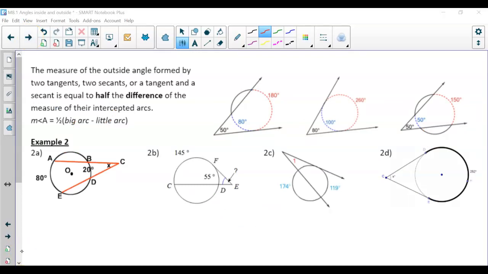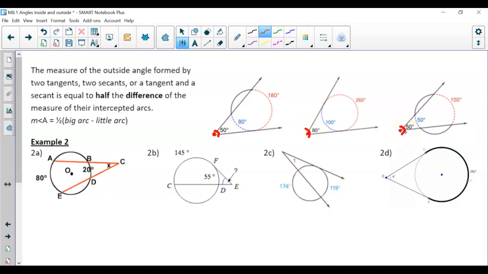And so now when the angle is outside of the circle, so it could be created by a secant line and a tangent, two tangents or two secants. But notice how the angle that we're talking about is outside of the circle.